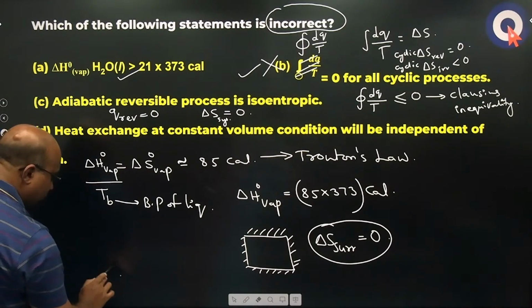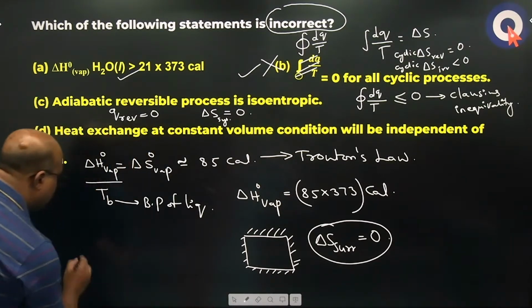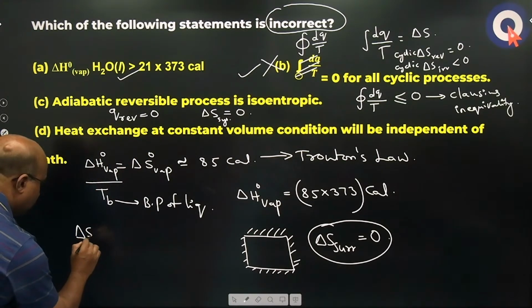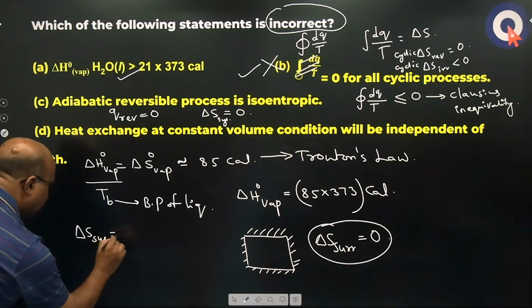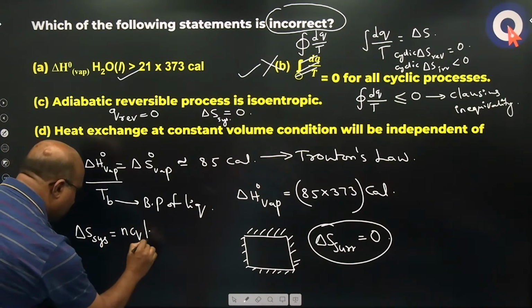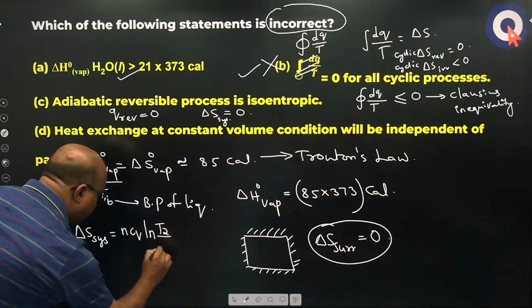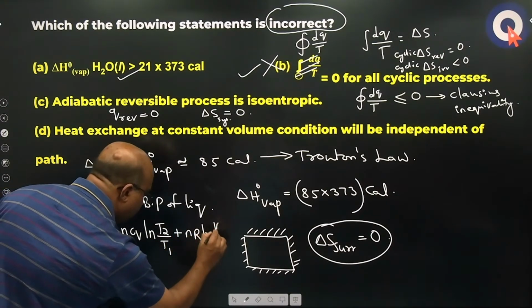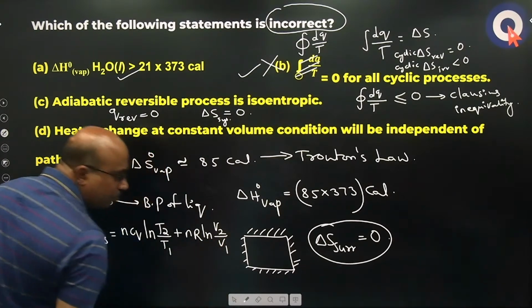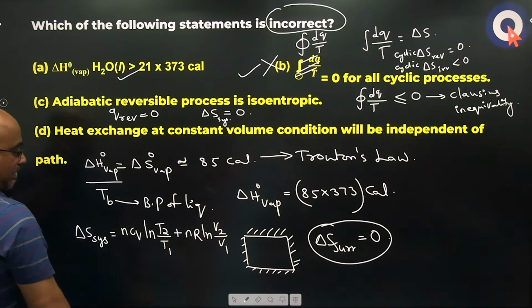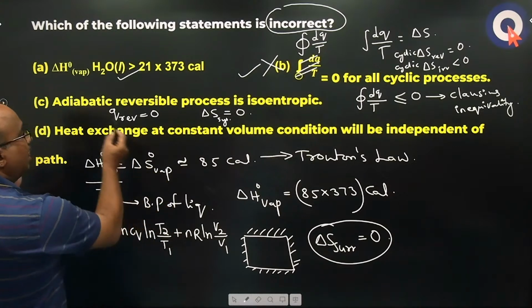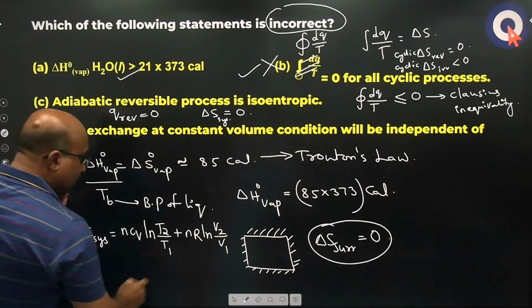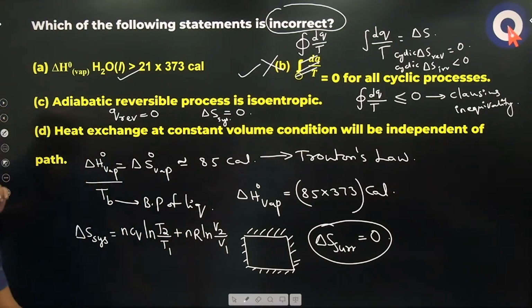Delta S system is what we usually determine as nCV ln T2 by T1 plus nR ln V2 by V1. But for an adiabatic process we use the T and V relation.